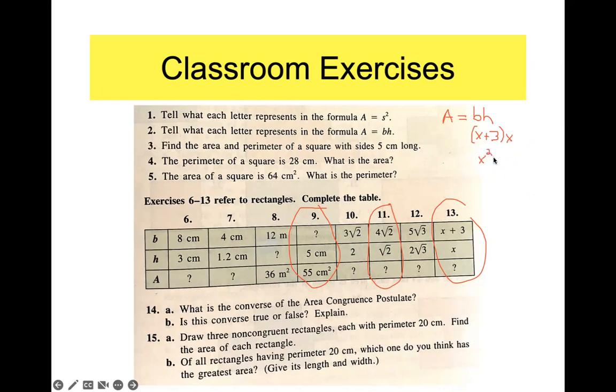So the area would be x squared plus 3x, a decidedly unfriendly answer. Then we would have to put the words units squared. I'm going to write the word like I'm supposed to, since U squared would leave you the impression that it's u squared instead of the word units squared.